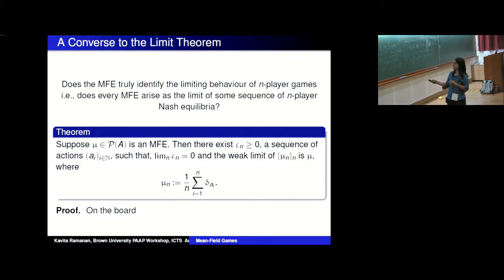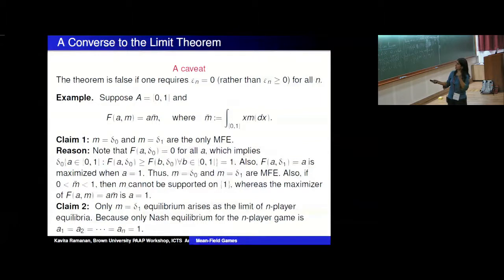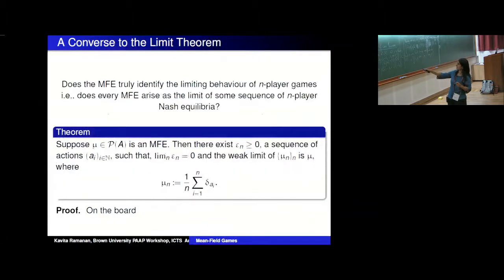Okay? So one caveat, remember here I said I can find epsilon n Nash equilibria, but here I never said I can actually find Nash equilibria themselves. So it's not true that every limit of the mean field is a limit of Nash equilibria. It's only a limit of epsilon n Nash equilibria with epsilon n going to 0. Is that clear?